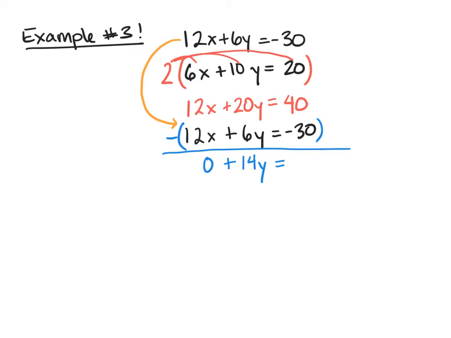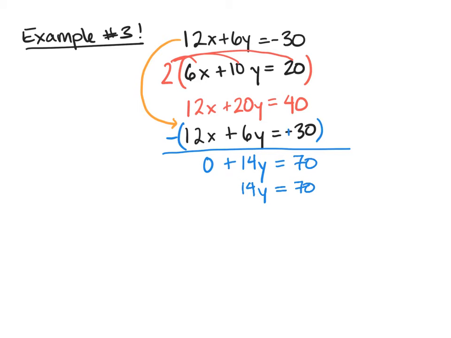And then, careful, because I have a negative here, make sure you pay extra attention when you see a negative sign. I have 40 minus negative 30. So minus a negative. What does that mean? That means a positive. So technically what that actually is, 40 plus 30, which is 70. So I have 14y equals 70.